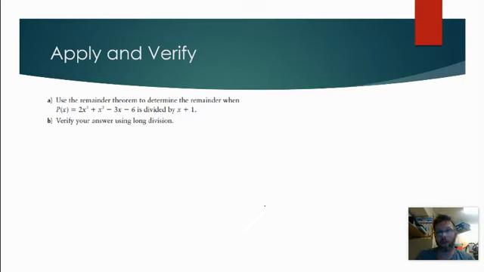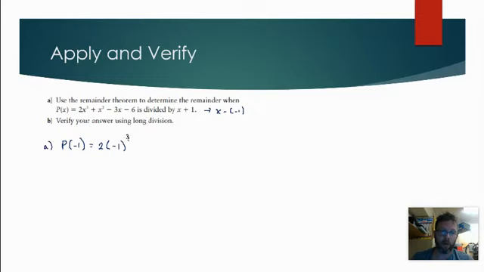So before we even do a division here, we know what the resulting remainder is going to be when we divide this cubic function by x plus 1. We know that the remainder is going to be the value of the function at negative 1. This is like x subtract negative 1. Let's find out what that is.